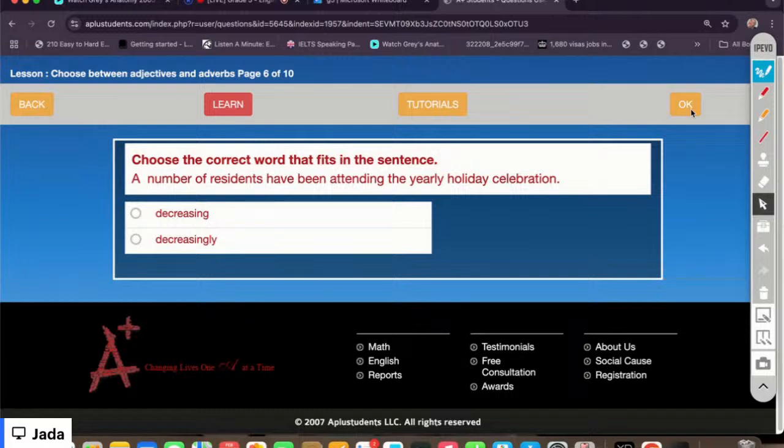Okay, so what's this one? So a decreasing number of residents.